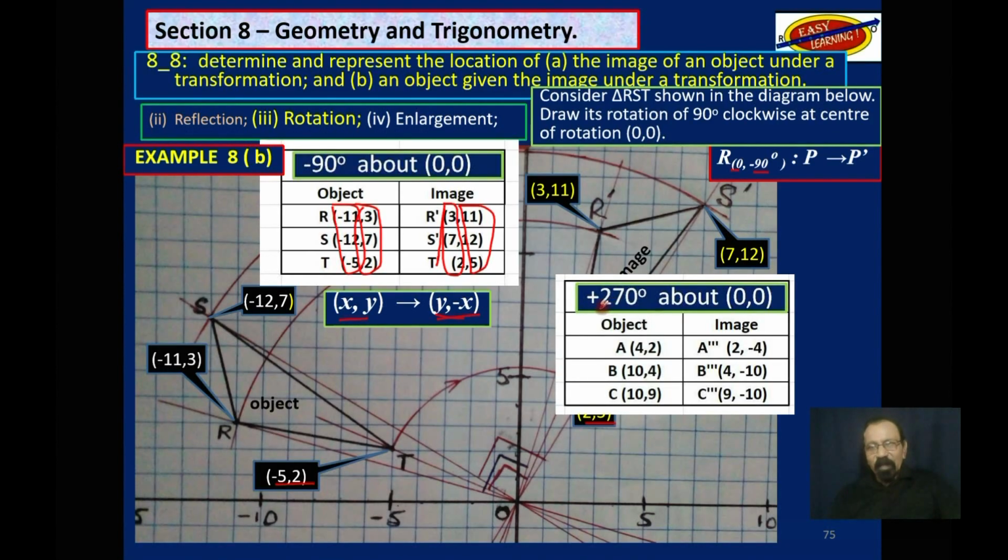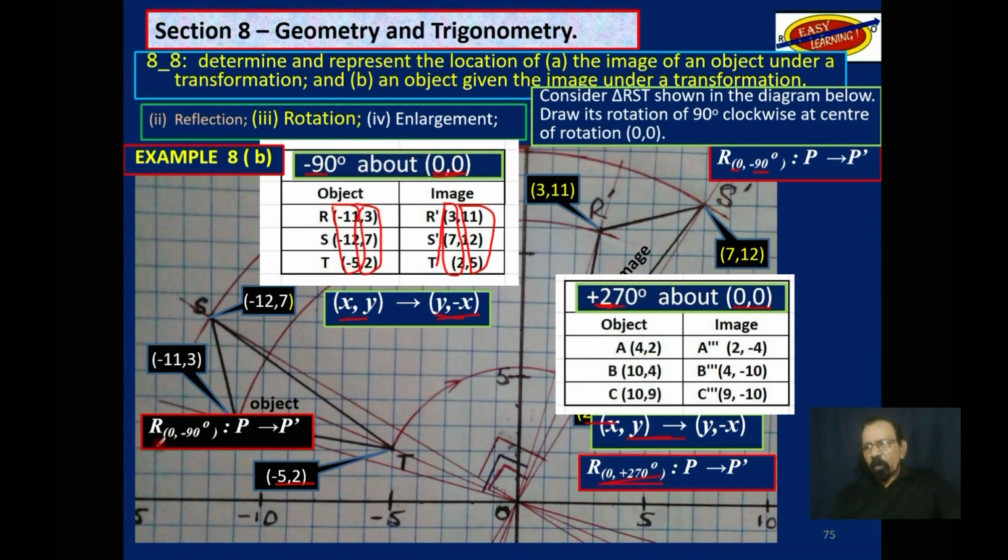Recall also when we had to do an anti-clockwise rotation of 270 about 0, 0. That was the exact rule. So a clockwise rotation of 90 degrees at 0, 0 is the same as an anti-clockwise rotation of 270 at 0, 0. So this here is the same as that.